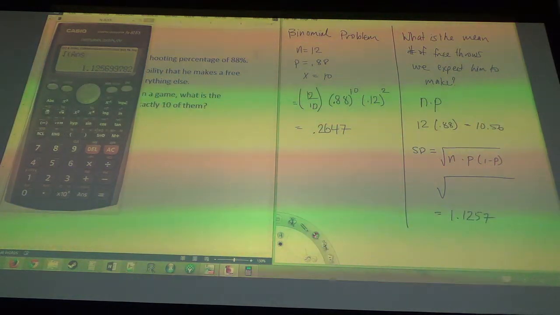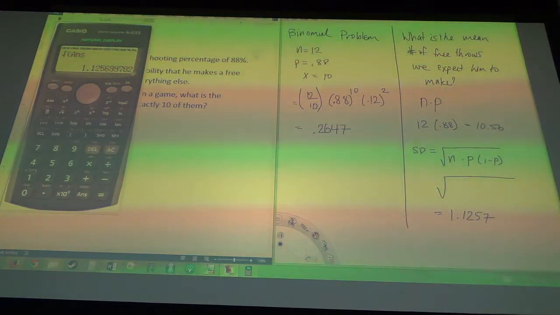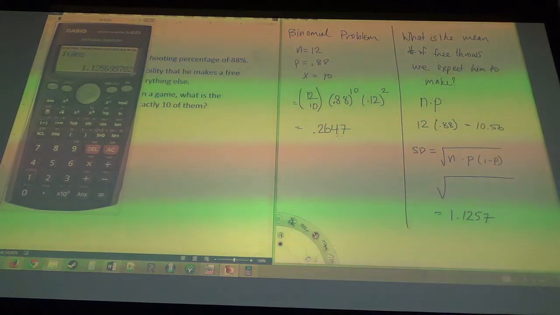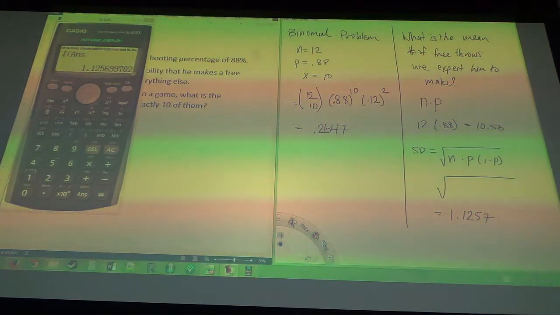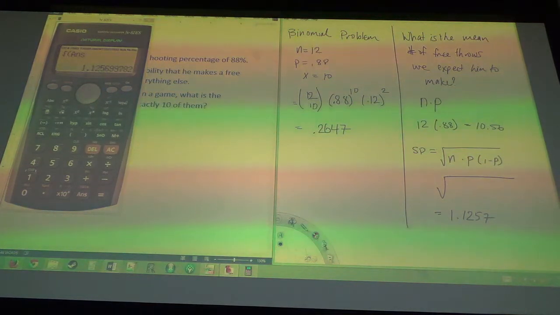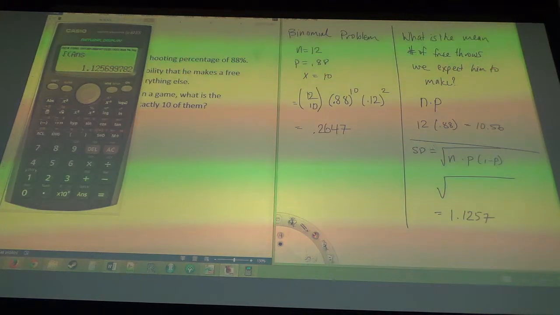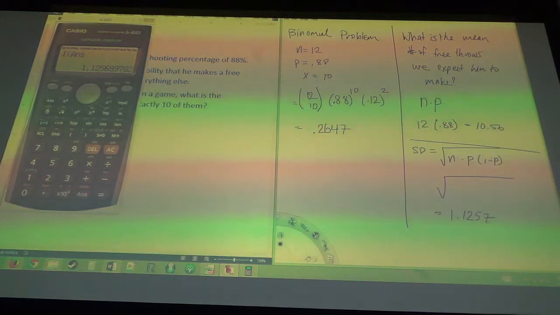But here we're using the binomial equation to get an exact probability. This is not an approximation, this is an exact value. And over here, I'm just asking for the mean and standard deviation, which has no continuity correction or anything like that.